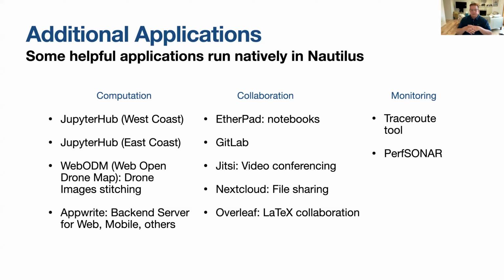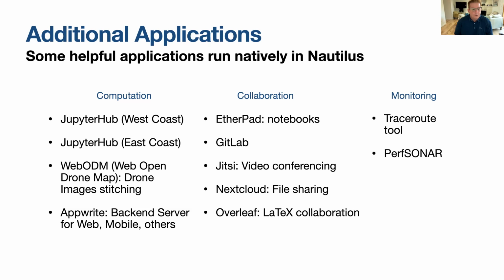They just need this all the time. And it was much easier for the engineers to stand this up as a service that exists all the time than ask all of these researchers to learn how to use the cluster in this way on their own. Appwrite is a backend server for web, mobile, and others.